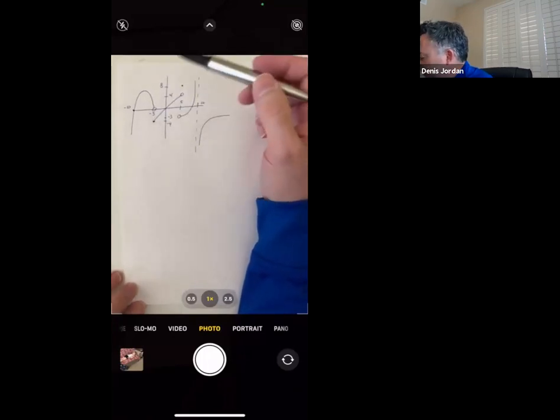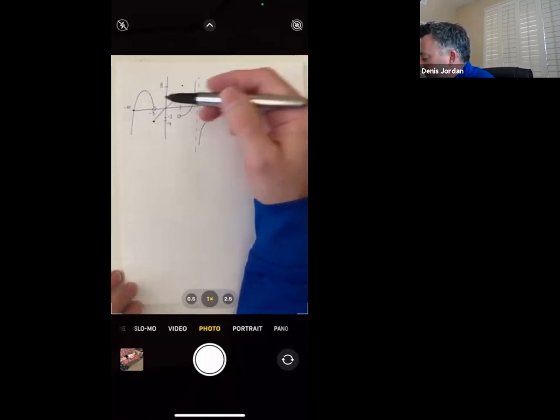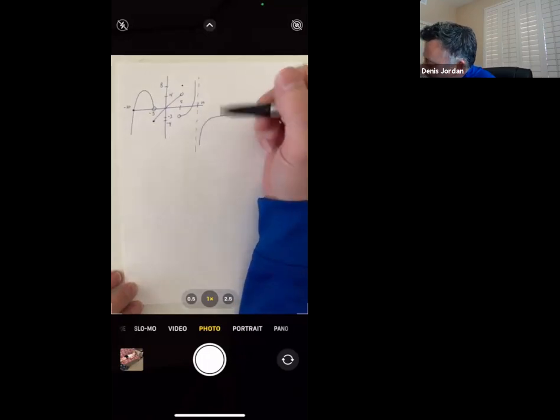Okay, so piecewise function, those x values, those y values.